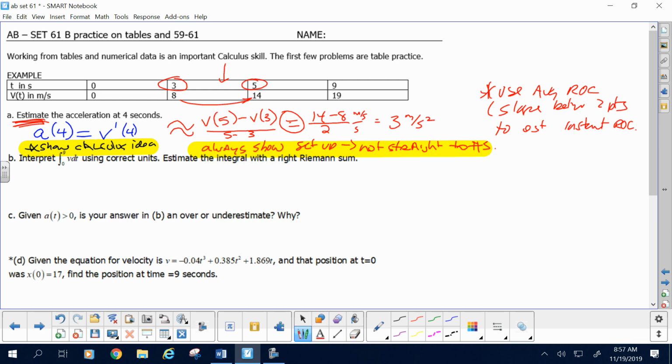Now, as far as the overall big picture, if you were to read this in all totality, this is what reigns the whole problem. The acceleration at 4 is approximately 3 meters per second. But as far as what's truly equal, these two truly equal. These two, approximation. These two, truly equal. These two, truly equal. Yeah?